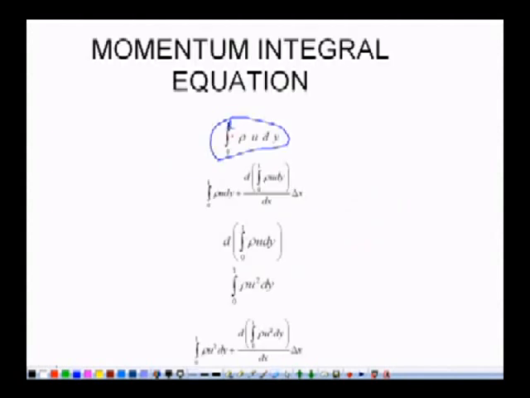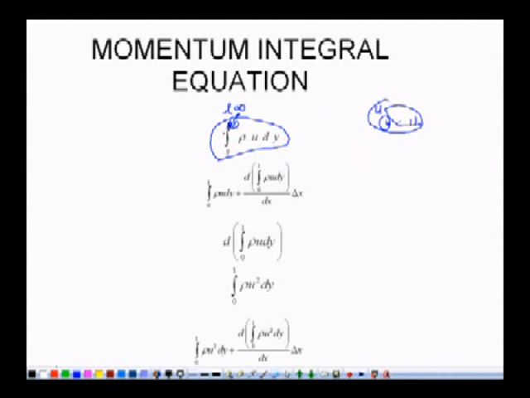So this is 0 to L. It may be 0 to infinity, basically it can be taken as 0 to infinity, but it can be reduced to 0 to delta, because outside the boundary layer, what is u? This u becomes capital U, right.